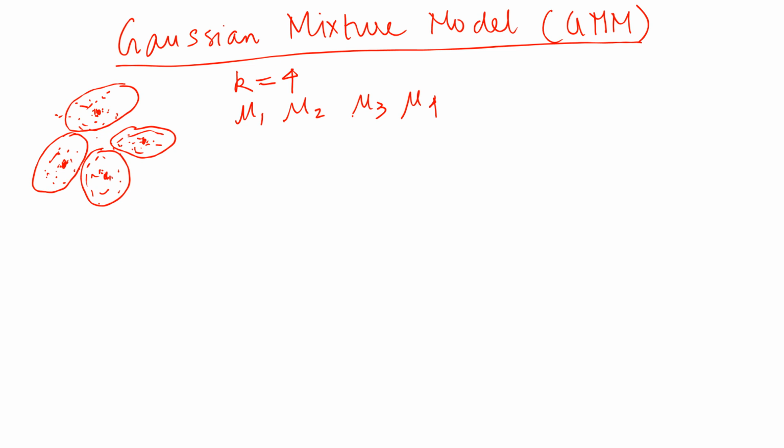Now this time they also have some kind of shape. And how do we specify shape mathematically? Well, we specify shape by using a covariance matrix. So the covariance matrix helps us depict their shapes.